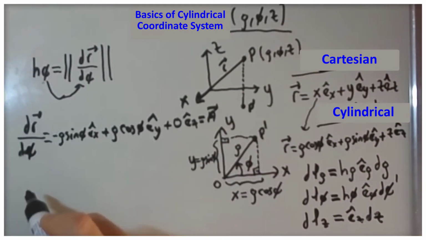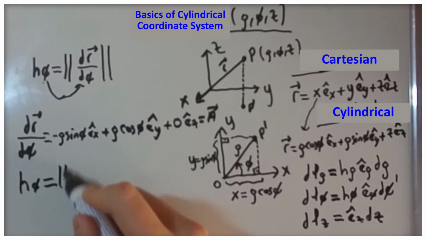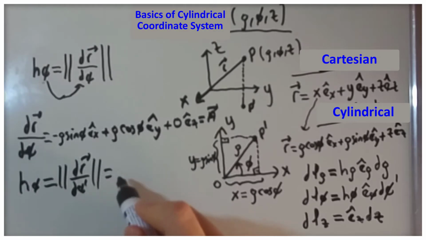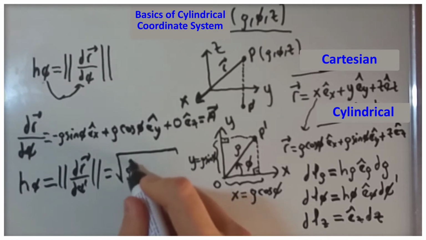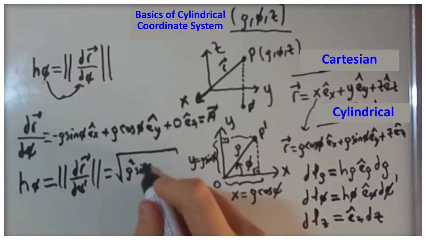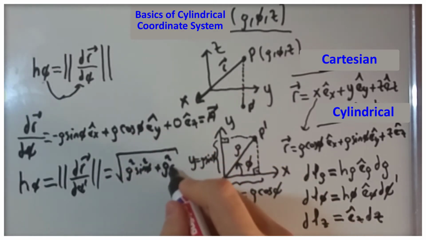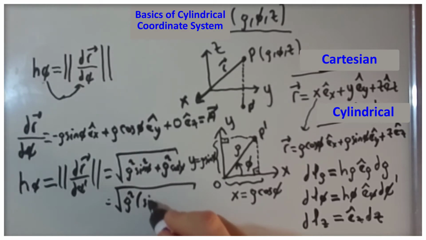My goal is to find h phi. H phi equals the magnitude of the derivative of r with respect to phi, and I put the result of this in the square root: rho squared sin squared phi plus rho squared cos squared phi. If I factor out rho squared, here is sin squared phi plus cos squared phi.